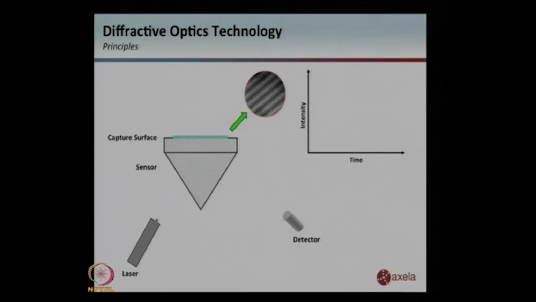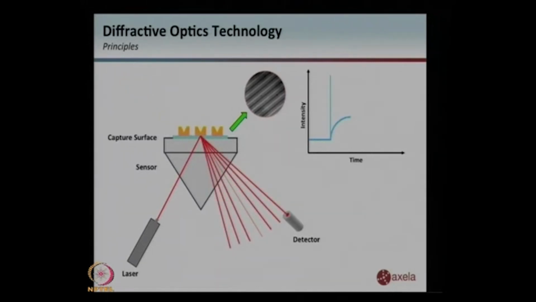So let me illustrate that in this little cartoon. The sensor surface is a piece of glass. It has lines, as you can see in this inset. When I shine light through it, there's going to be a very faint signal. Now, supposing I introduce molecules that bind right on this line, the signal gets brighter, and it's represented on the right-hand side here by the intensity of light.